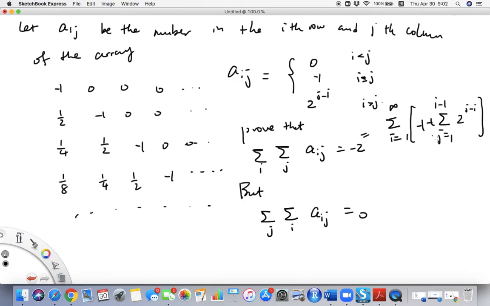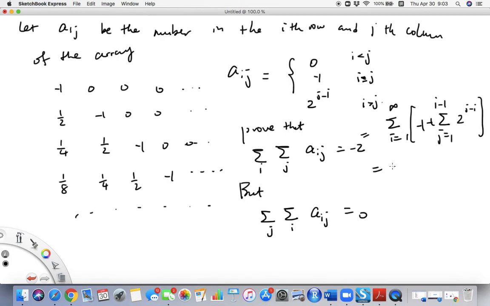And if j is greater than i, it is 0. So we first look at when j is less than i, so that's j from 1 to i minus 1, where Aij is equal to 2 to the j minus i, and then we hit j equal to i, that's how we get the minus 1, and after that it is 0. Right?